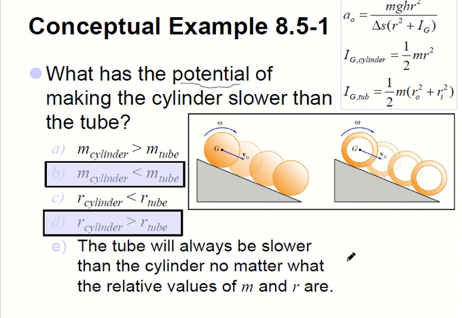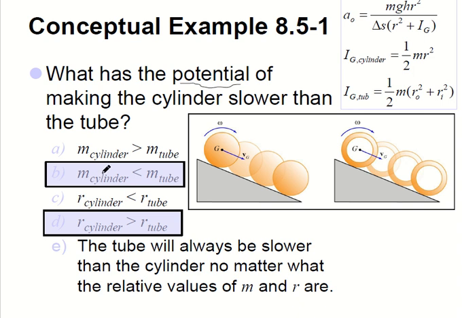So what is true is actually E, in statement, yeah? So the tube will always be slower than the cylinder no matter what the relative values of m and r are. But the question doesn't ask you, show me the correct statement. It's asking you what has the potential of making the cylinder slower than the tube.